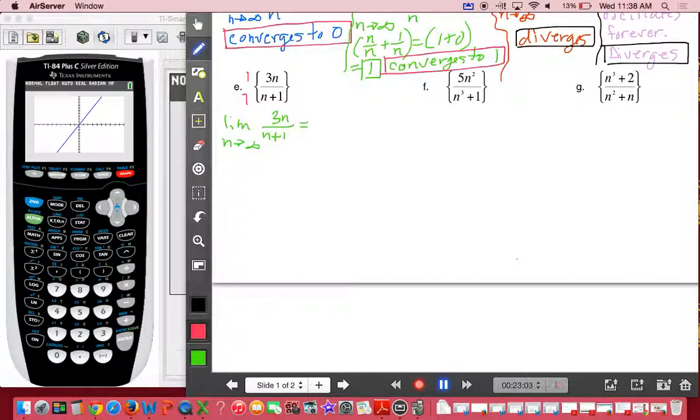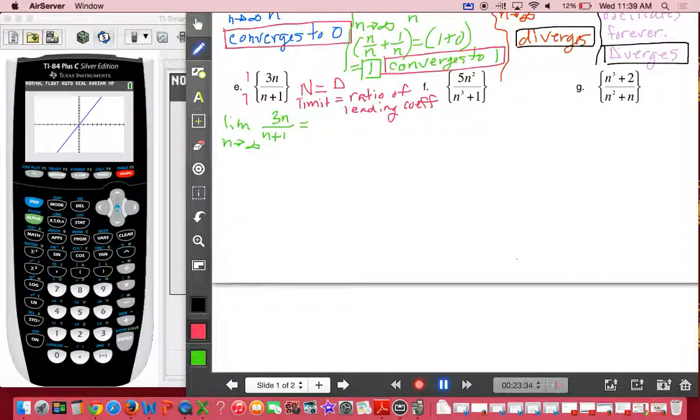So when the degree of the numerator is exactly equal to the degree of the denominator, and if you want to, for your note purposes, write in there degree numerator equals degree denominator, because you might forget why we did that, then the limit is equal to the ratio of the leading coefficients.